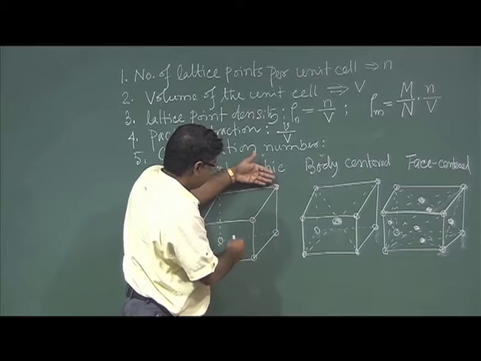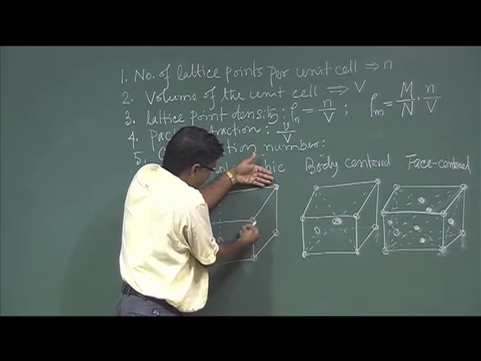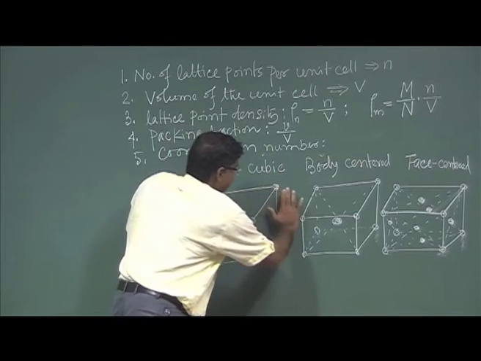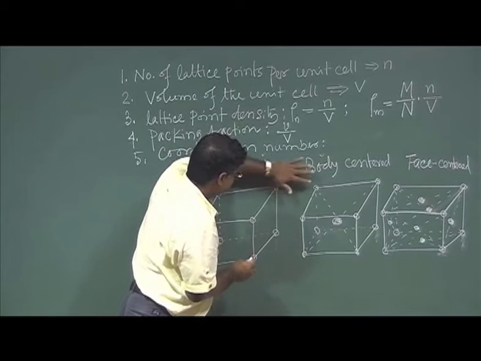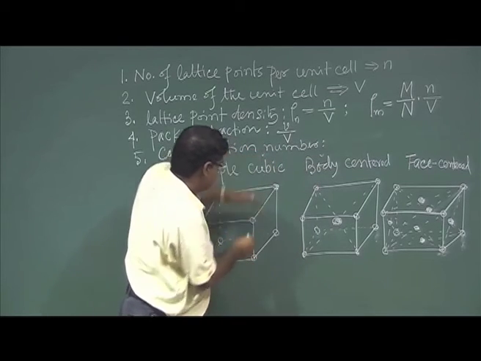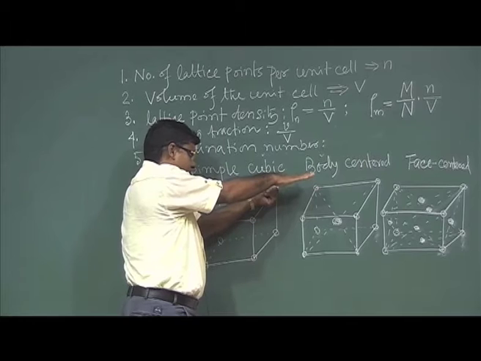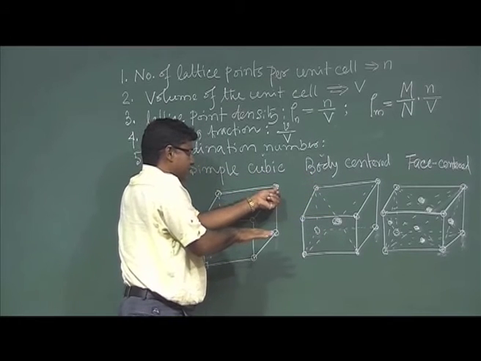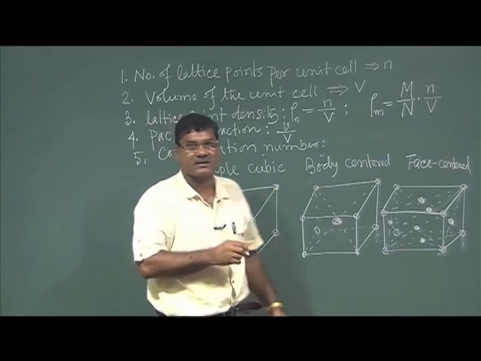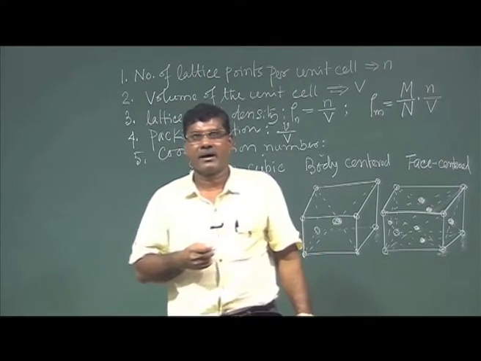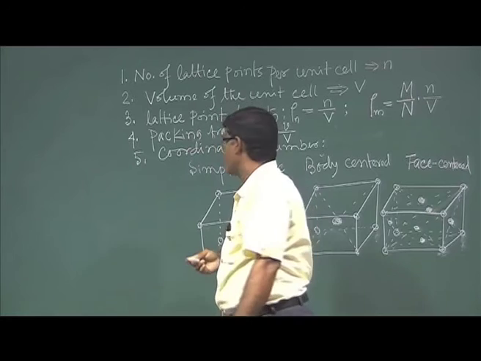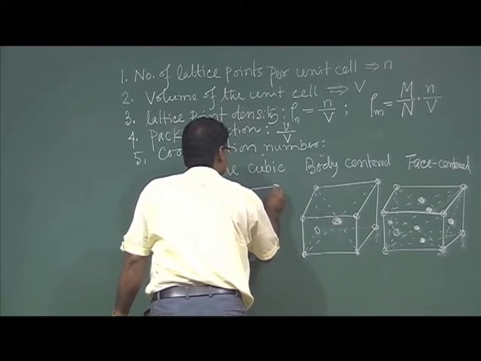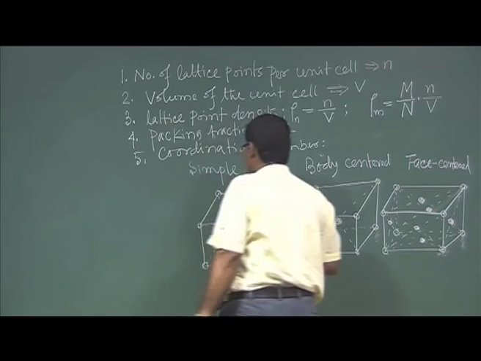These are on this plane. If you think one is here and 2 more are on top, then on this side 4 more unit cells will be there. So, basically each corner will be attached with 8 unit cells. So, it will share with 8 unit cells.